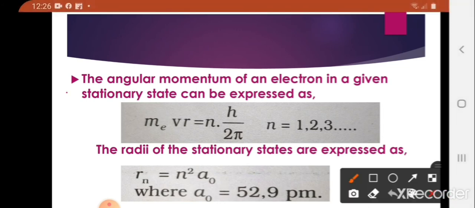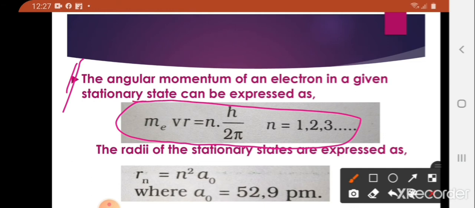Now this is the fourth postulate, that is, the angular momentum of an electron in a given stationary state can be expressed as mvr is equal to n into h divided by 2 pi, where n is equal to 1, 2, 3, etc. And also we can find the radius using the equation r is equal to n square into a0, where a0 takes the value 52.9 picometer.